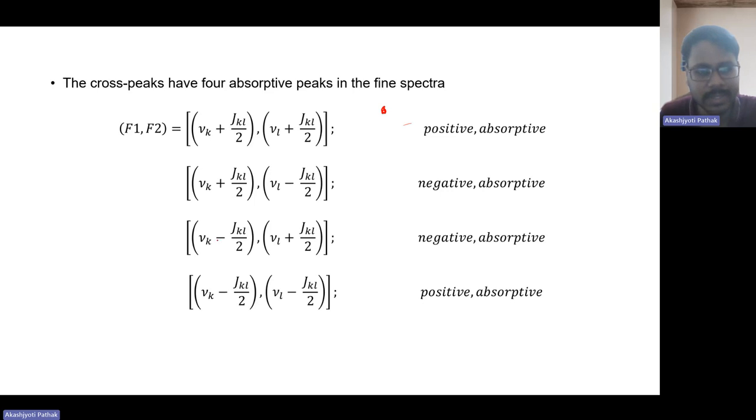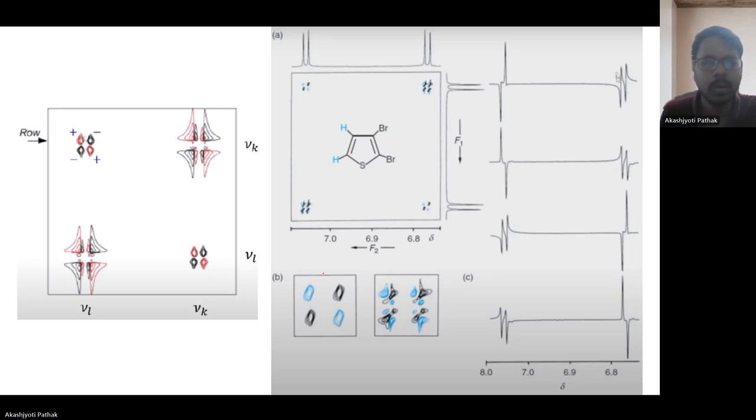And this third peak corresponds to this point on the F1 axis and this point on the F2 axis. And similarly here, nu K minus J_KL by 2 will correspond to the F1 axis, and the corresponding point on the F2 axis will be nu L minus J_KL by 2. So this is how a 2D COSY spectrum looks.